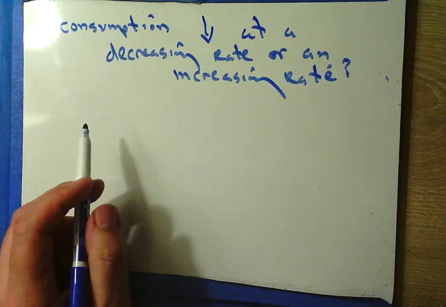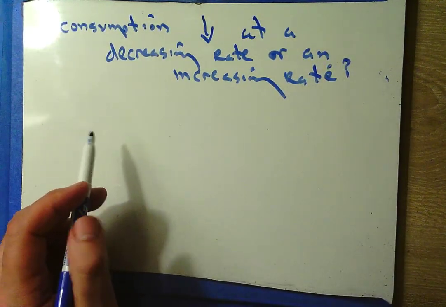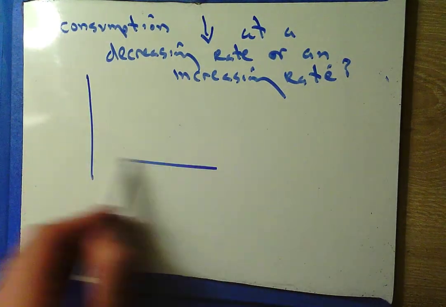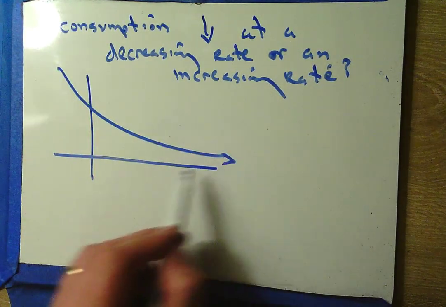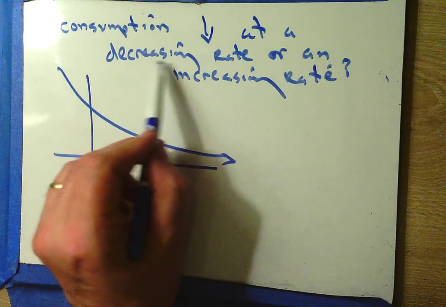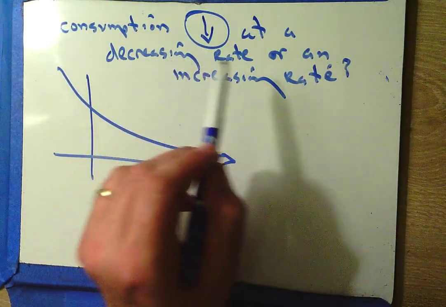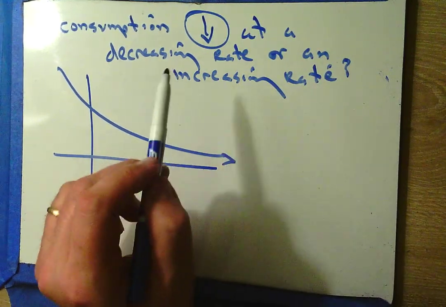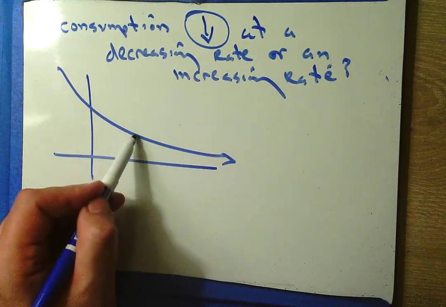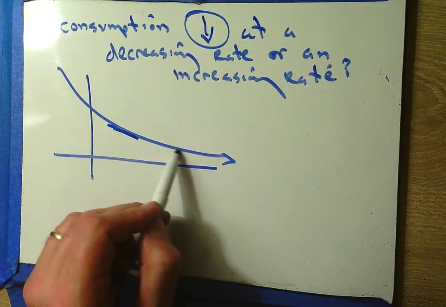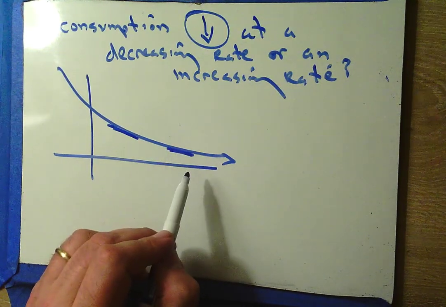And I should be able to answer this question two different ways. The first way is graphically. We're decreasing, and are the rates decreasing or are the rates increasing? Are the slopes getting more negative or less negative?